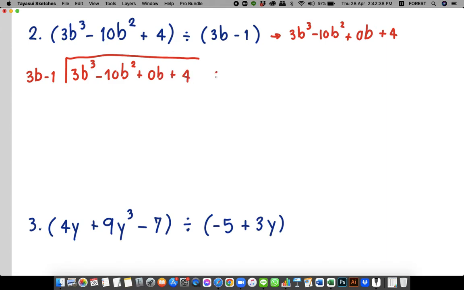Okay, thinking about what is 3b to the power 3 divided by 3b. It is b squared. So I will put b squared here. And next, what is b squared times 3b minus 1? It is 3b to the power 3 minus b squared. Then I will put it here.